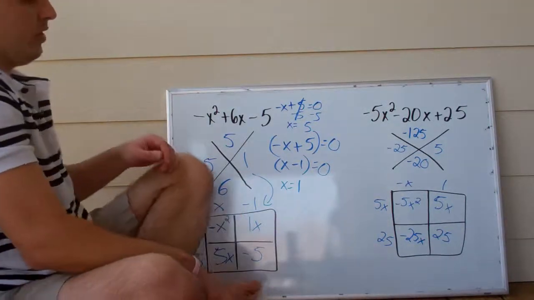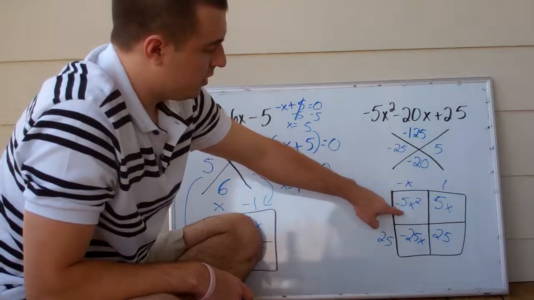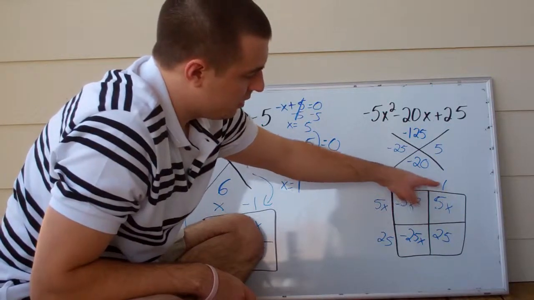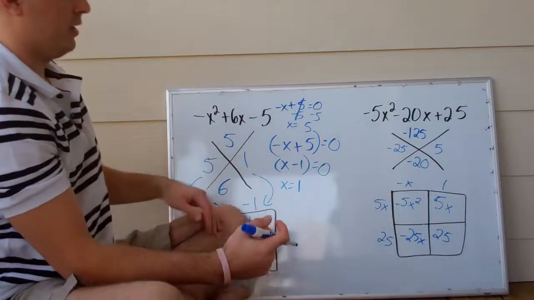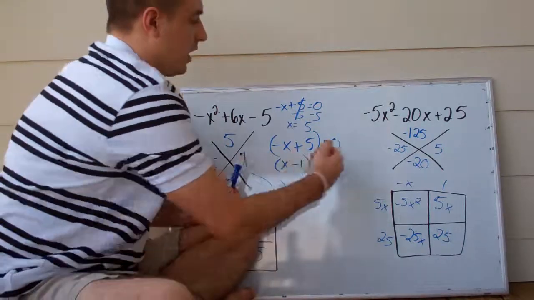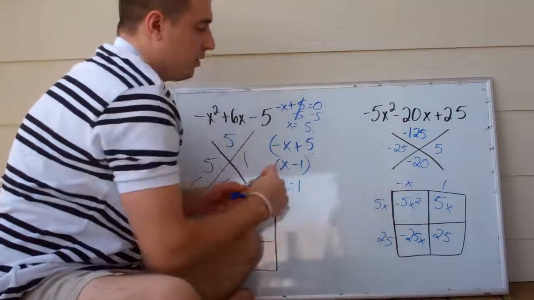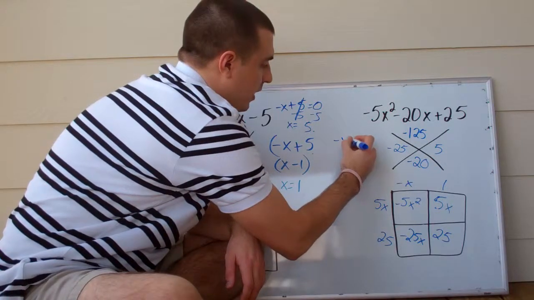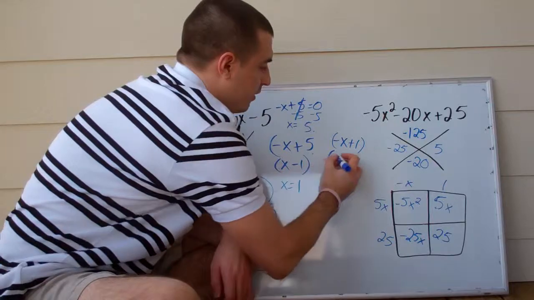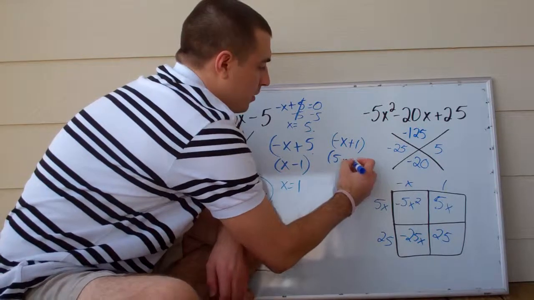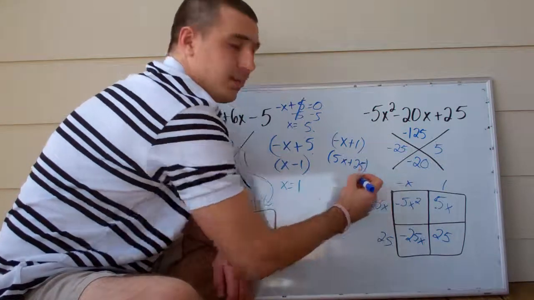So now, we can double check ourselves. And, yeah, we got it. So now, I'm just going to kind of erase this a little bit so I have some room. So negative x plus 1 and 5x plus 25.